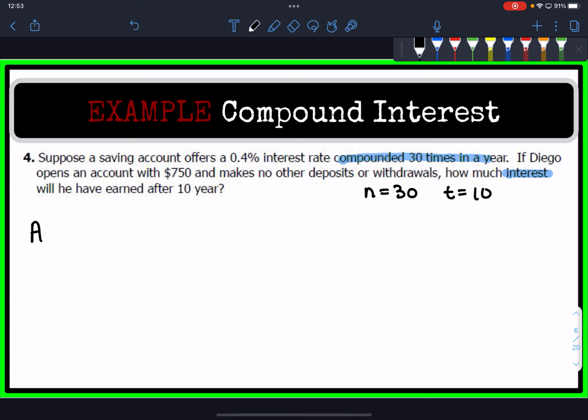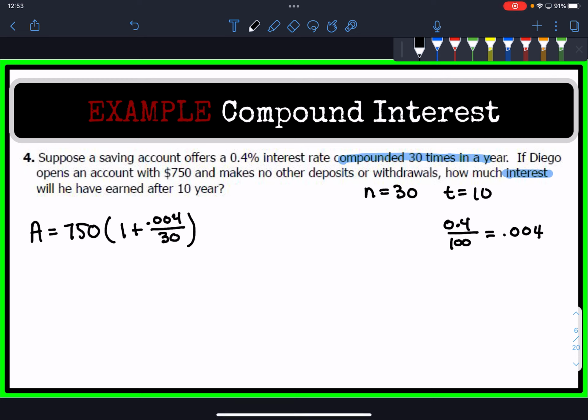So the account balance that starts off with 750 gets multiplied with 1 plus 0.4%, which is 0.4 out of 100, or 0.004, and that's going to be divided by 30.